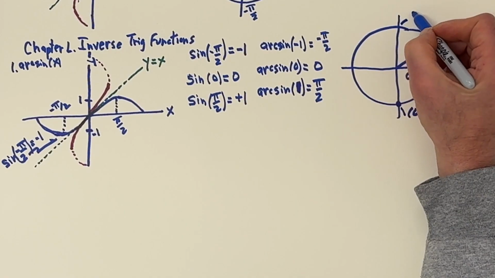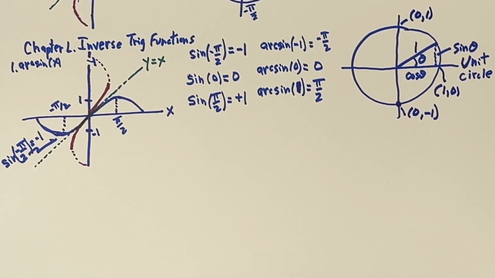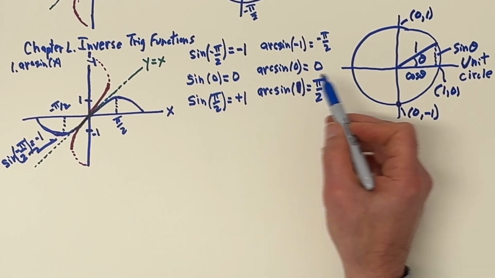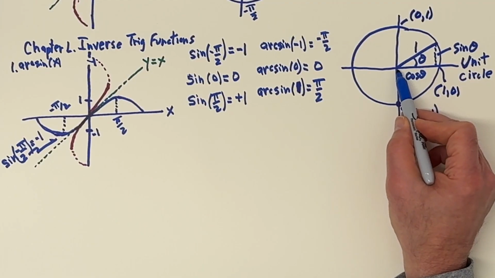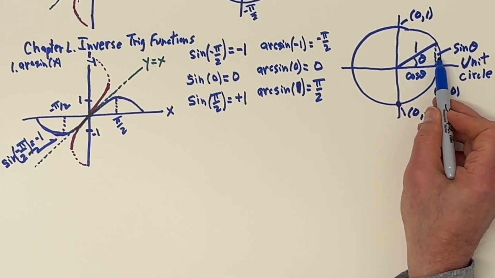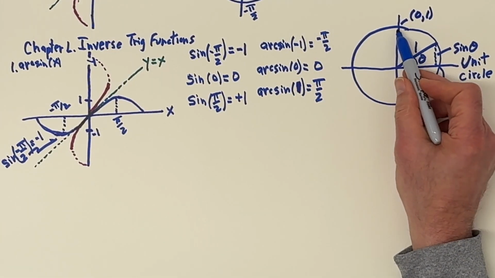And this coordinate up here would be 0 and +1. Let's check another one. The sine is 0. If you collapse that angle to 0, then cosine would be 1, but the sine would be 0. And then if you go up here with pi over 2, your sine would be +1, your cosine would be 0.